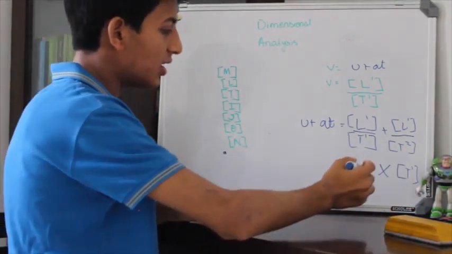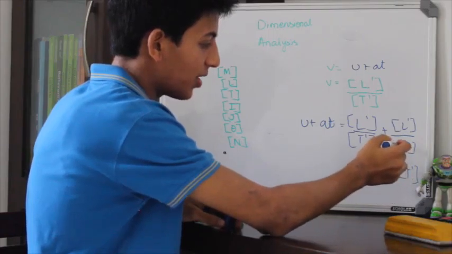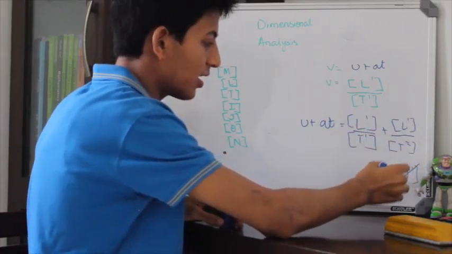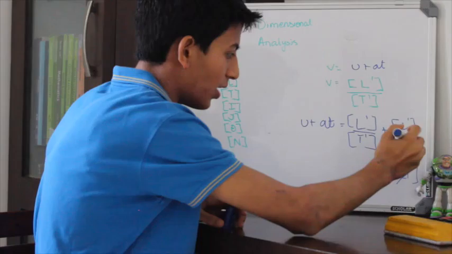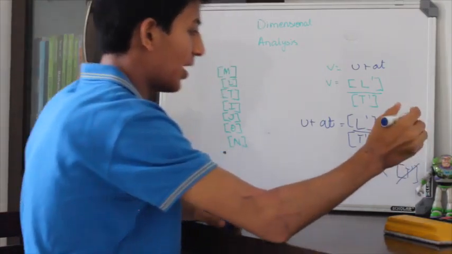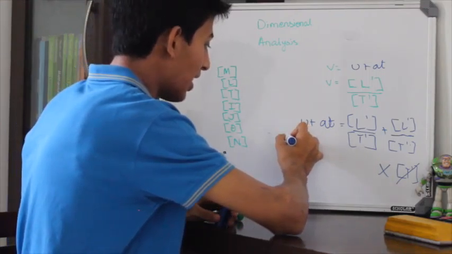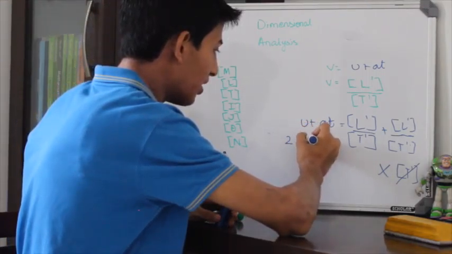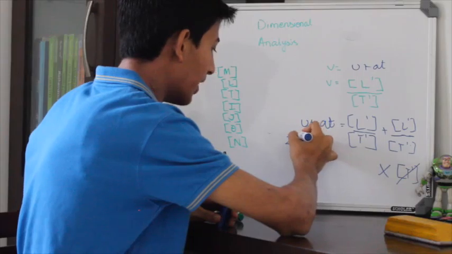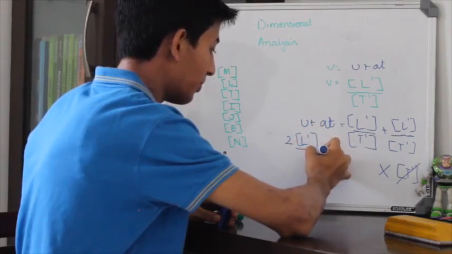So as you can see, this dimension of time and this dimension of time can be cancelled, and we can change this power to 1 using simple mathematics, and we'll find that the dimension of this side is 2 L to the power 1 by T to the power 1.